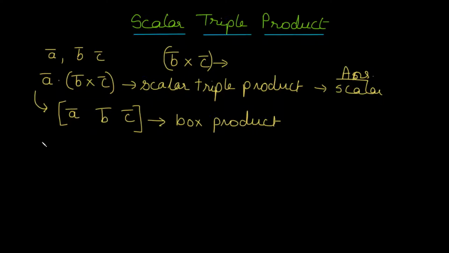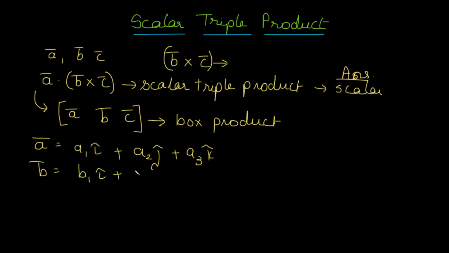Suppose we have three vectors. Say A is given as A1i plus A2j plus A3k. Similarly, B is another vector, say B1i plus B2j plus B3k. And C is the third vector given this way.